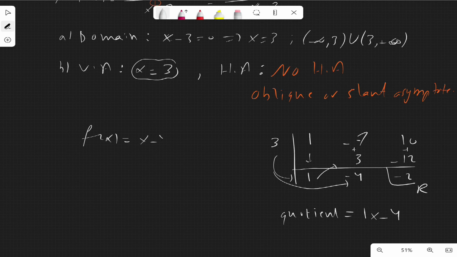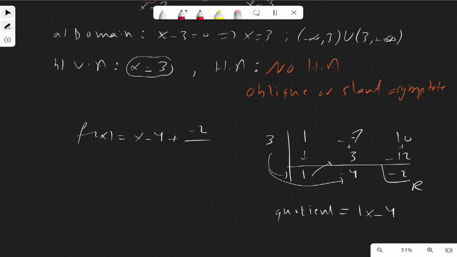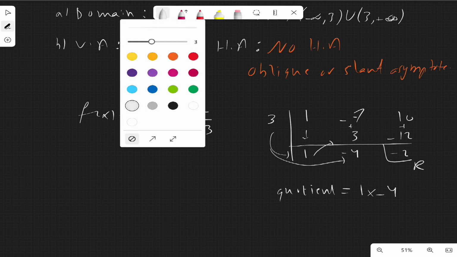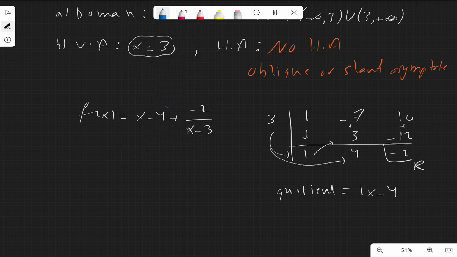So it can be written as x minus 4 plus the remainder, which is negative 2, divided by the same, which is x minus 3. The x minus 4 here is the oblique asymptote.